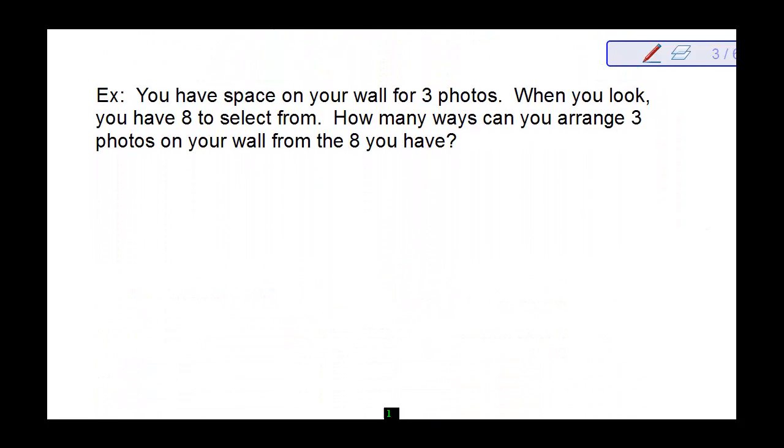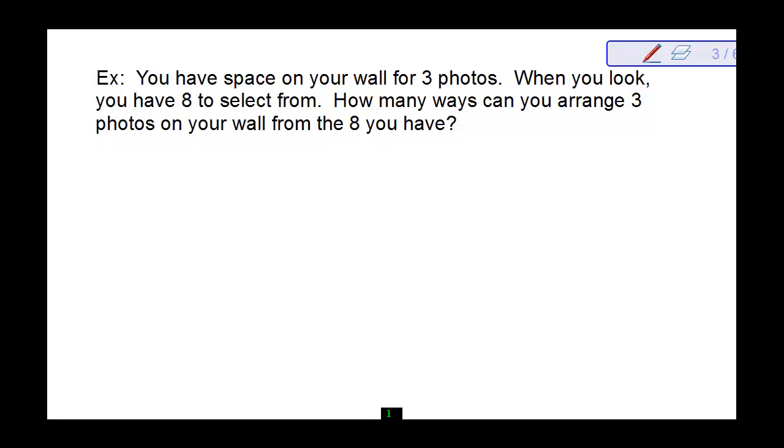Let's look at an example. You have space on your wall for 3 photos. When you look, you have 8 to select from. How many ways can you arrange 3 photos on your wall from the 8 you have? Okay, so we know that we have 8, and we're going to select 3.